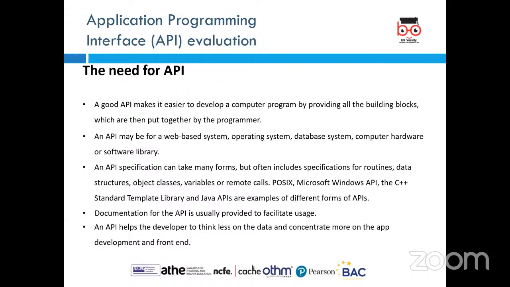So an API might be for a web-based system, operating system, database system, computer hardware, or software library. I just made this example of a college management system where we have all this information related to our students, and our API comes into place to allow us to retrieve or modify this data.